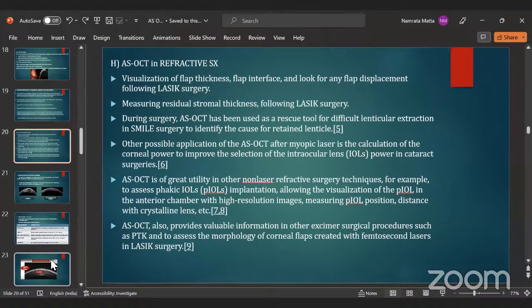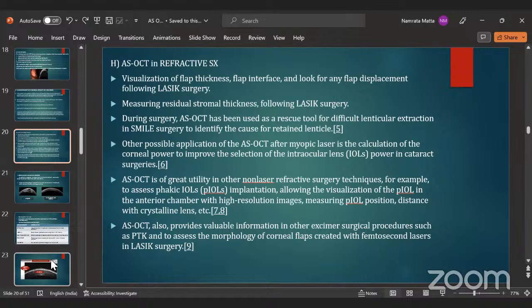Flap interface can be seen, and post surgery, if there is any flap displacement or if there is any fluid in between the flap and the cornea, we can see it. We can measure the residual stromal bed following the LASIK surgery.